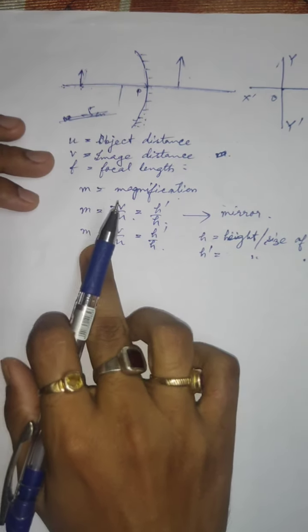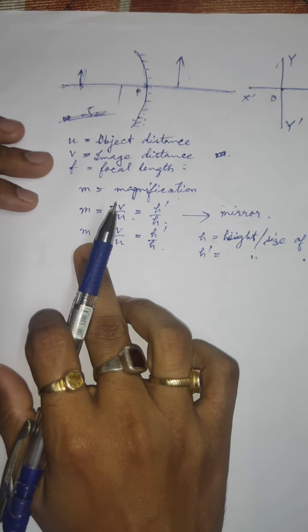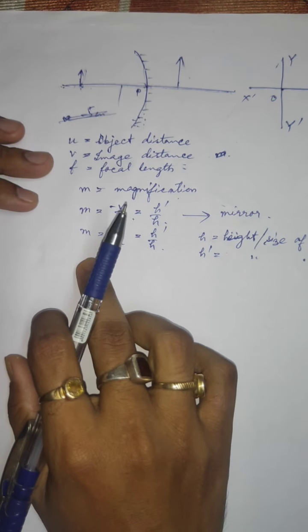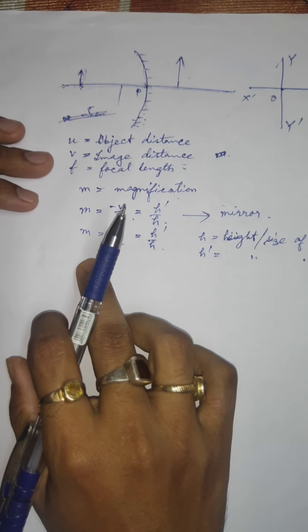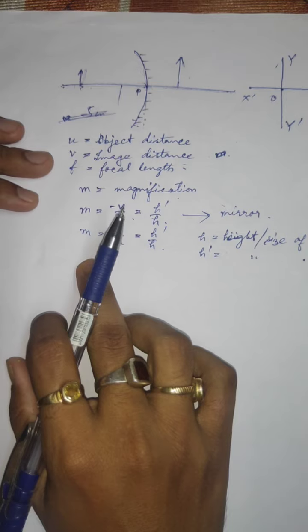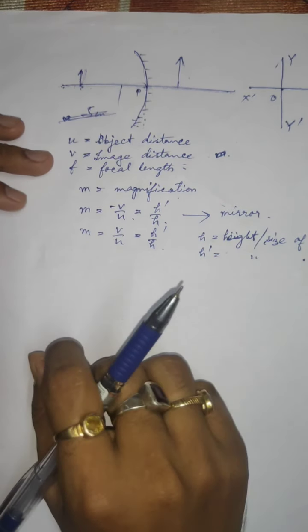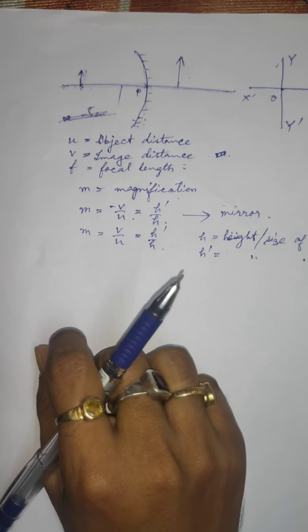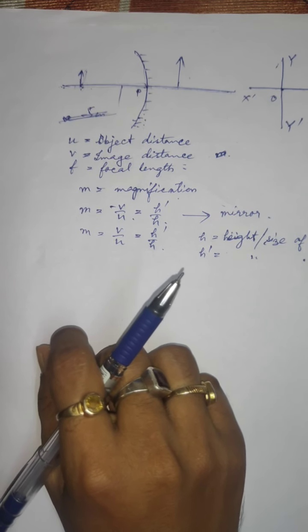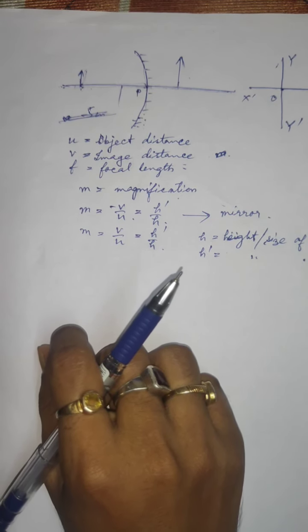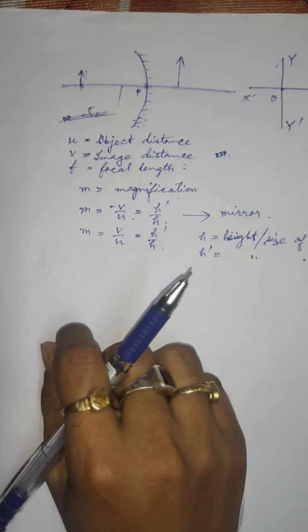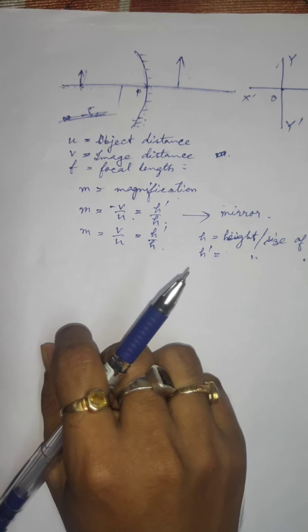And if the value of m is positive, then the magnification indicates the image is virtual. If we got m positive, then we have to understand the image formed is always virtual. This way magnification relates to the image formed.